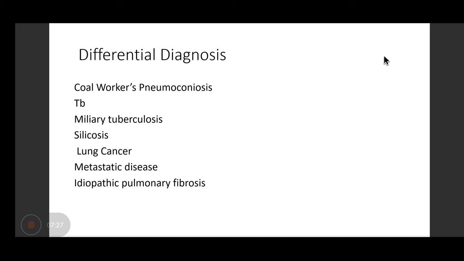Okay, so from the differentials, we have discussed pulmonary TB, miliary tuberculosis, silicosis, and the other one is lung cancer. So for lung cancer, patient can present with cough, and also can give history of weight loss, dyspnea, and also history of hemoptysis.